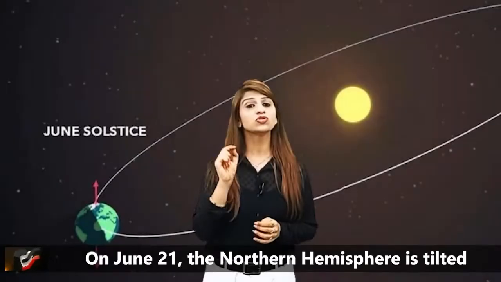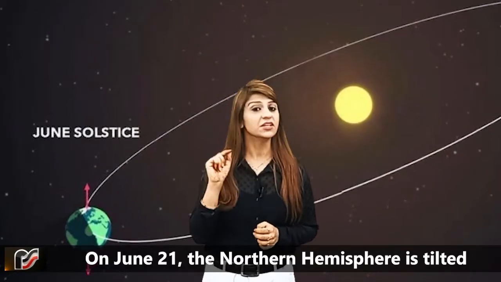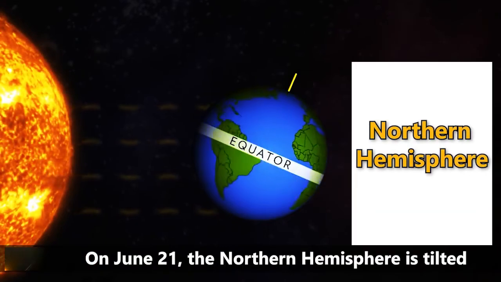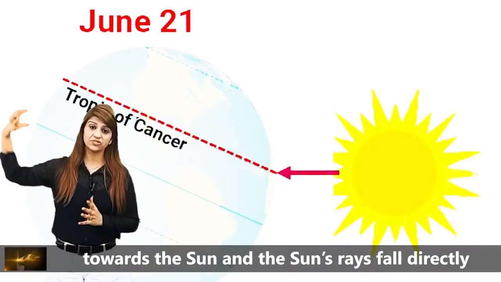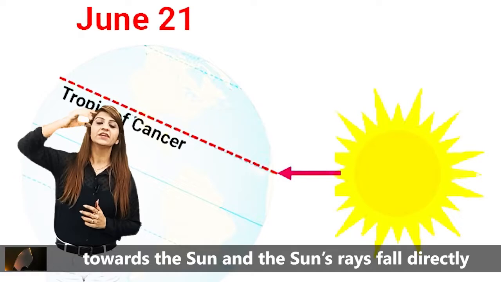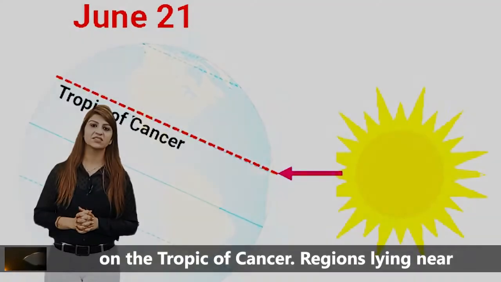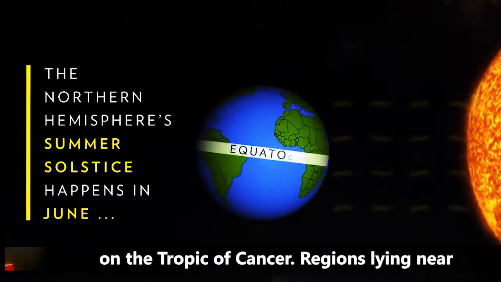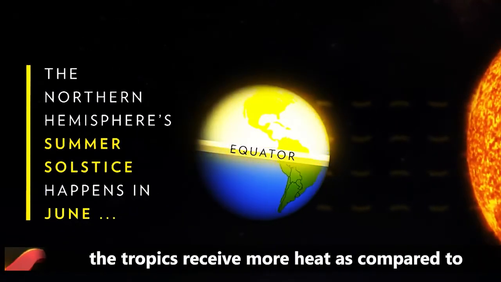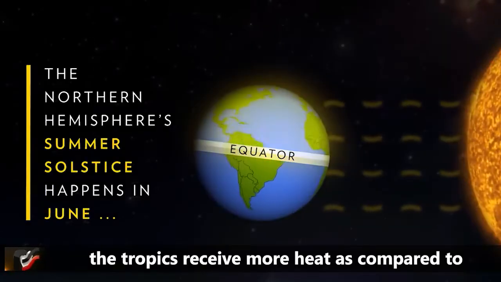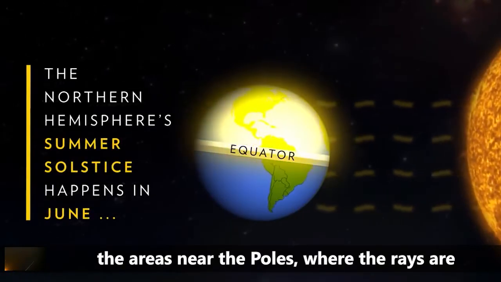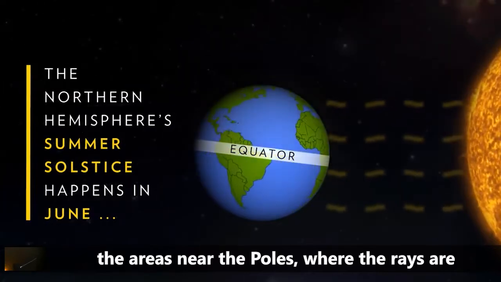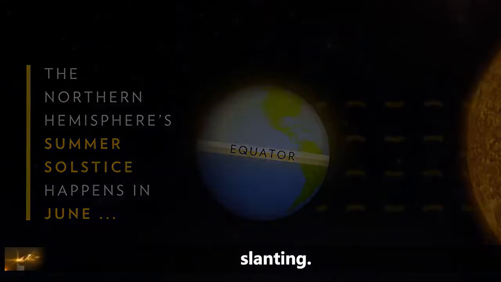Solstice. On June 21, the northern hemisphere is tilted towards the sun, and the sun's rays fall directly on the Tropic of Cancer. Regions lying near the tropics receive more heat as compared to the areas near the poles, where the rays are slanting.